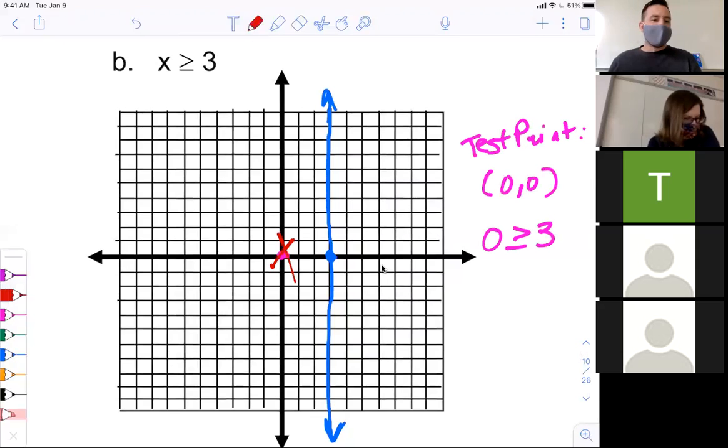Absolutely not. So are we going to shade on the right or the left, Bill? Which side should I shade on? The right. Yeah. So you're going to shade on the right-hand side of this line. And this is what your solution is going to look like.